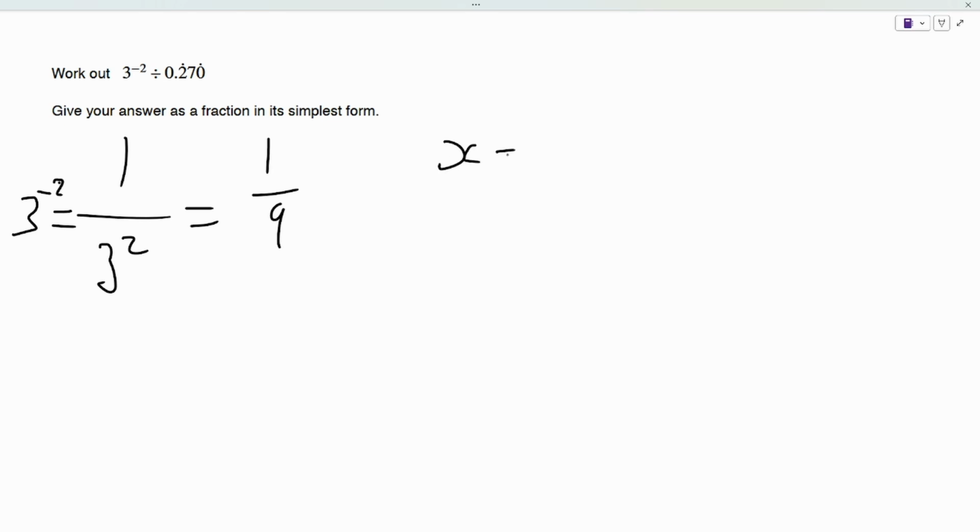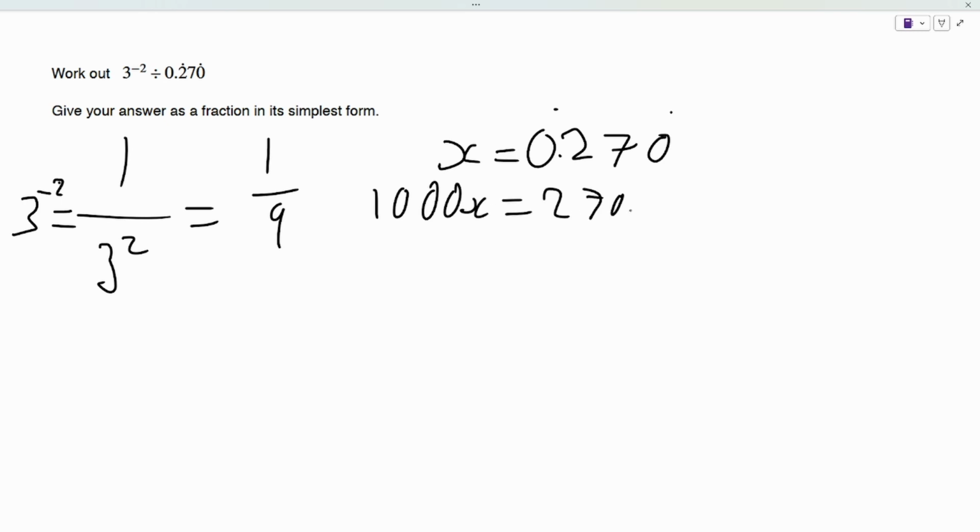So then, again, change the recurring decimal into a fraction. 270 is all recurring, so we're going to be timesing it by 1000x, aren't we? Once again, we need to line it up so that we can subtract it to make a nice whole integer.